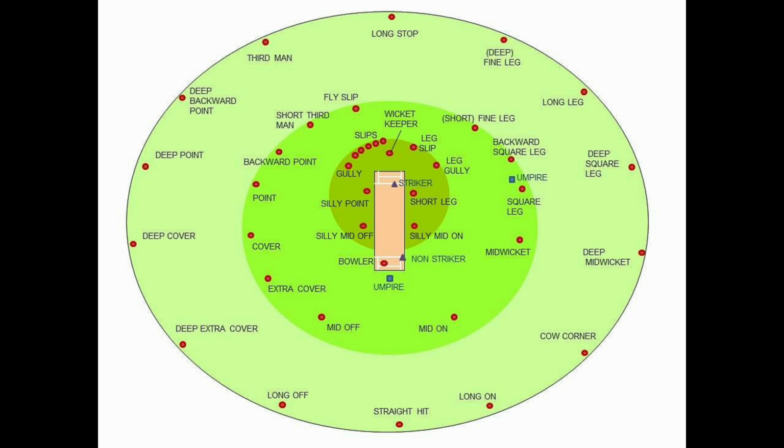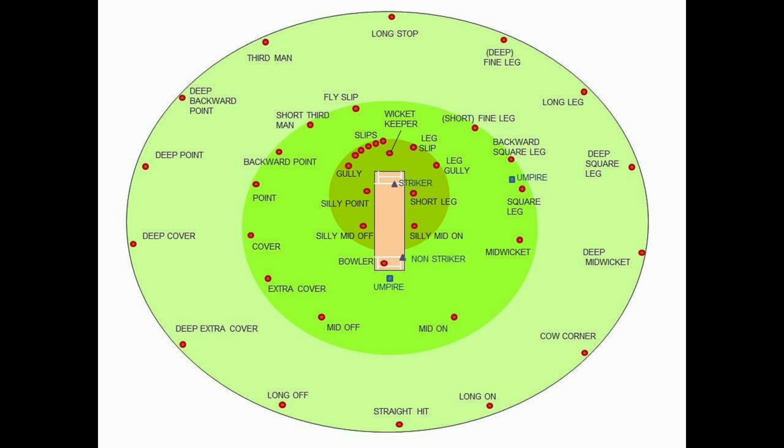Okay, I see that. Short third man. So remember, we know that third man is on the boundary. So short third man, of course, is going to be shorter or more in than the third man. And on the opposite side of the field, you have fine leg or deep fine leg, and then short fine leg, right? And so you kind of get that deep and short interaction between field positions. If you look at point, which was right perpendicular, like 90 degrees from the batsman, then you have backward point, right?